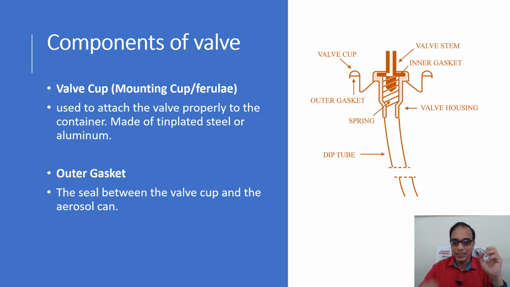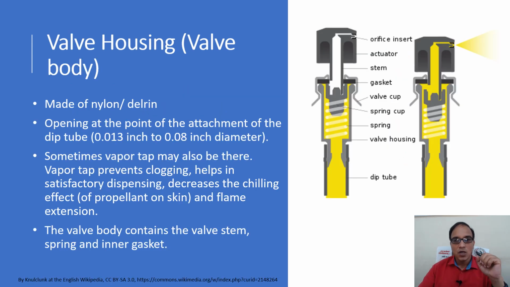It is providing the attachment. Valve housing. This valve housing is generally made of nylon or Delrin. Opening at the point of attachment of the dip tube is generally 0.13 inch to 0.08 inch in diameter.